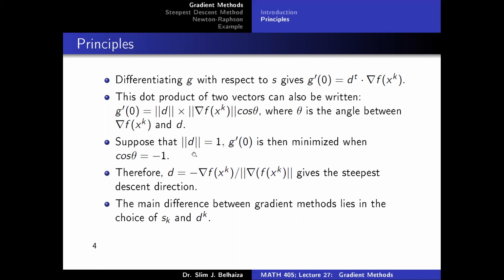So if you suppose that the norm of d is equal to 1, g prime of 0 is minimized when cosine of theta equals -1, which means basically that d would be just a unit vector along the gradient with a negative sign, which gives the steepest descent direction. And the main difference between all gradient methods lies in the choices of sk and dk.